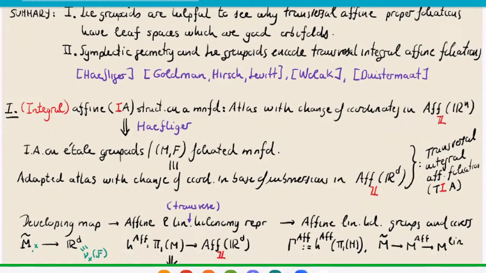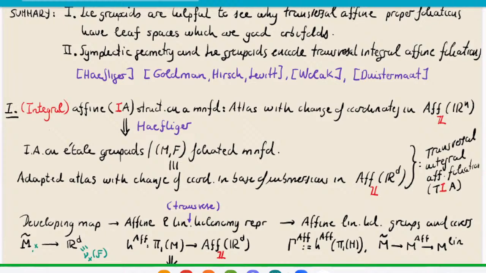So, let me just recall what an integral affine structure on a manifold is. It's an atlas in which the change of coordinates belongs to the affine group or to the integral affine group. And one can use a Haefliger viewpoint, because essentially what we're doing is selecting a pseudogroup of the pseudogroup of local diffeomorphisms of R^n, and promoting the definition of integral affine structure on a manifold to an integral affine structure on an étale groupoid.